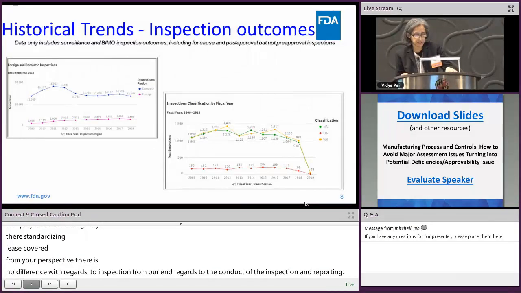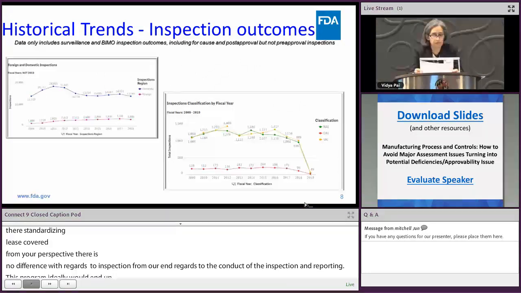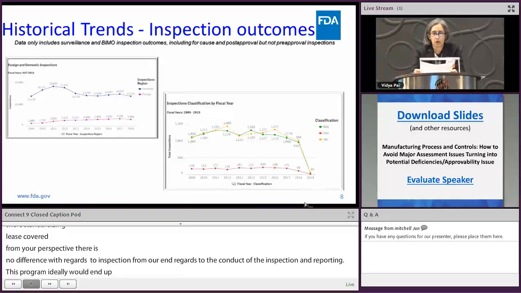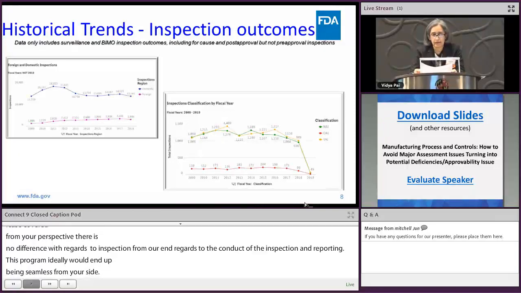So I'm going to change gears a bit, and go very high level through a couple of slides which talk towards trends in inspection outcomes and citations. First of all, on the left-hand side here, I have a screen that shows the total number of inspections conducted by the agency since 2010.